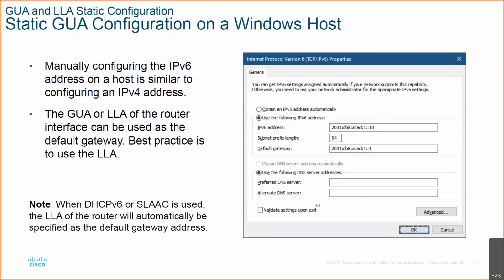How do I give an IP version 6 address to my devices, computers, my hosts? Just select IP version 6 address and give your IP version 6 address. The prefix is /64, yes, that's it. And then give your default gateway.